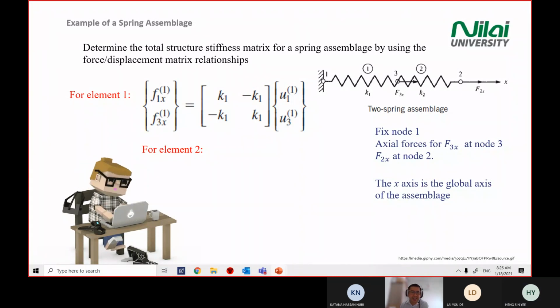Lai, you okay? All right. Now we continue with Singi's answer. What is your K answer for element 2? K2, negative K2, negative K2, K2. Correct.